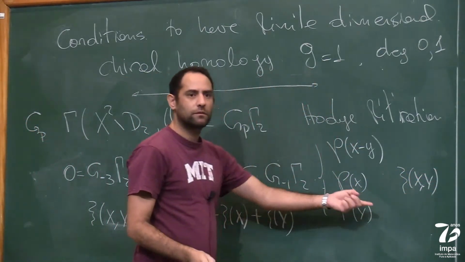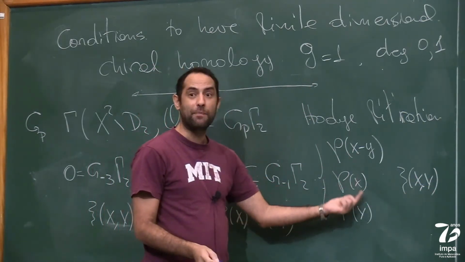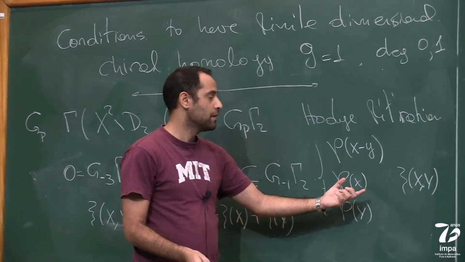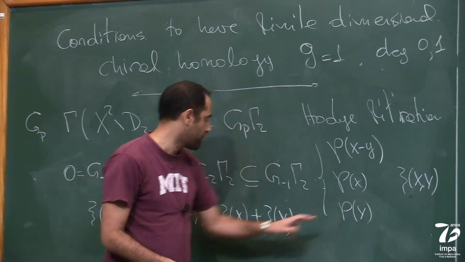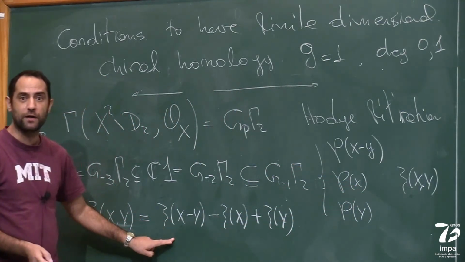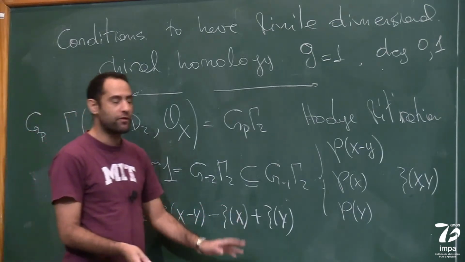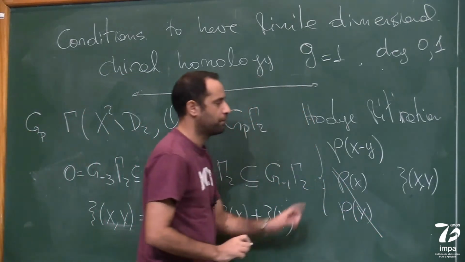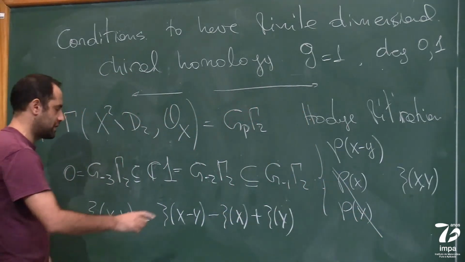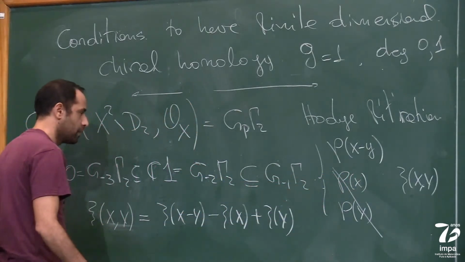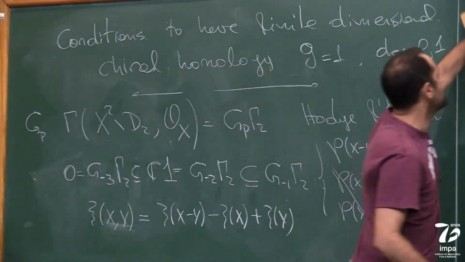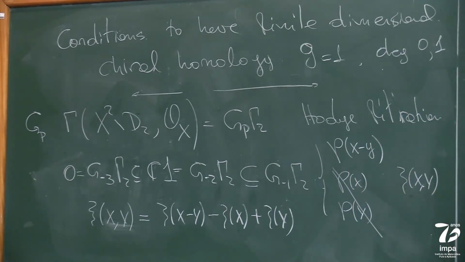And these are not linearly independent modulo derivatives, because if you take the derivative of the zeta function, you're going to get a combination of p functions. So if you want modulo derivatives, you only need these two. This means modulo derivatives. But you allow the derivative of those. Those are still going to be in G minus 1.